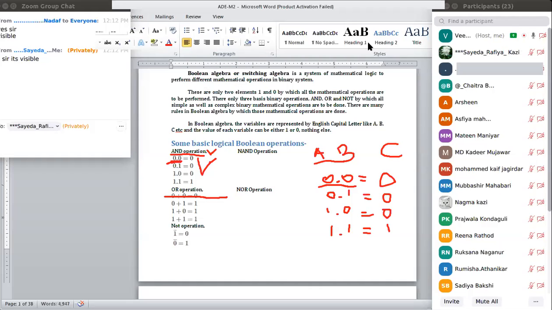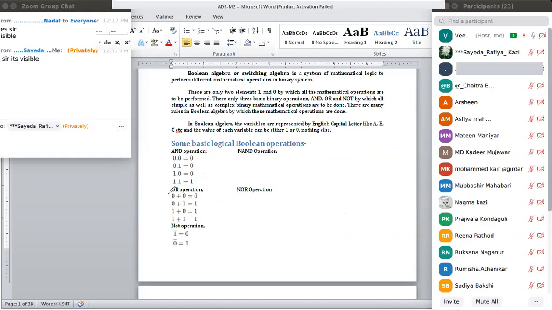When I go for the OR operation, it is 0 plus 0. OR operation is addition, but it is not a simple addition like in the decimal number system; it is Boolean OR addition.